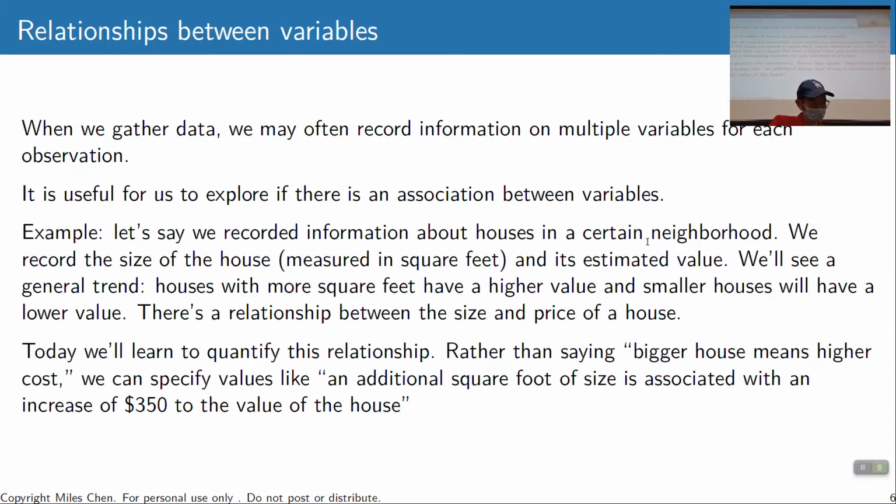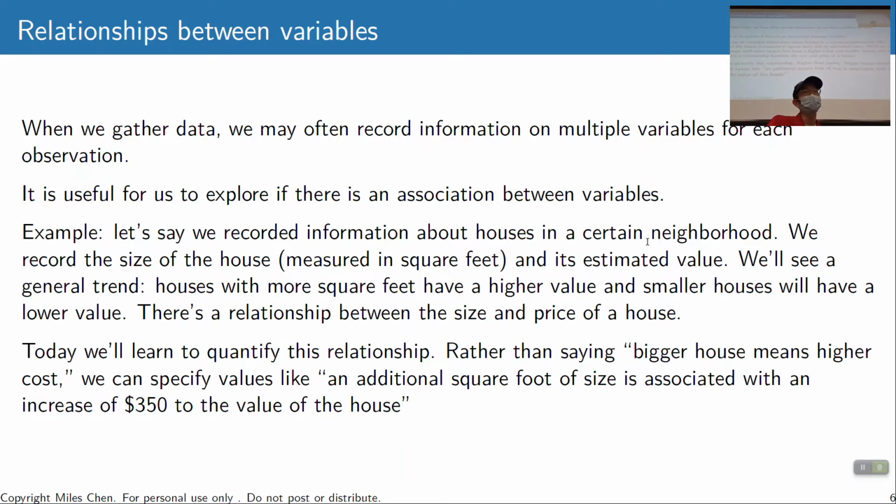But basically, what we want to look at today is quantifying the relationship, okay? Rather than just saying something generic like bigger houses mean higher cost, we want to specify values and specify this relationship and say, if one house is 1 square foot larger than the other house, we estimate its cost to be $350 higher, okay?